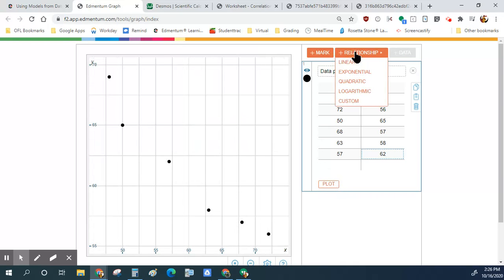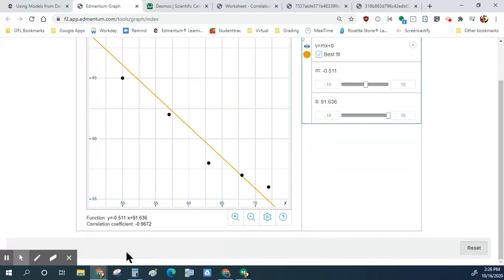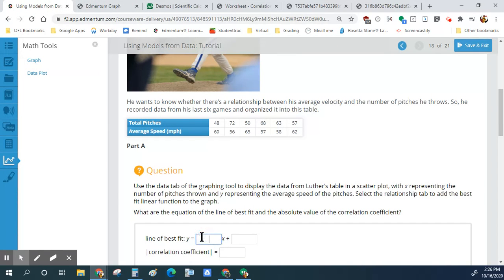Then we're going to do relationship, linear, best fit, and it's going to do all of the math for us. So negative 5.11. I think I said 0.511. My bad.